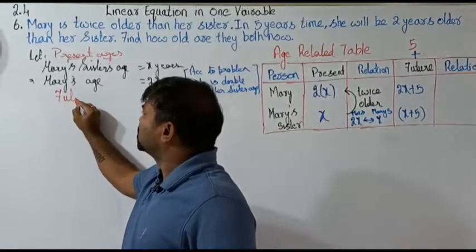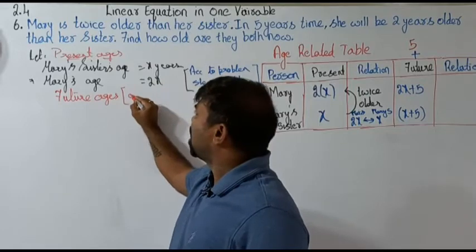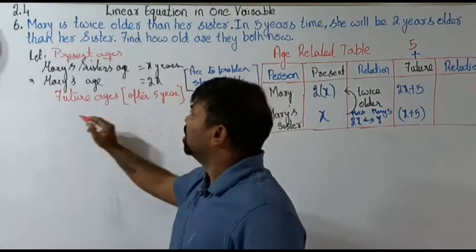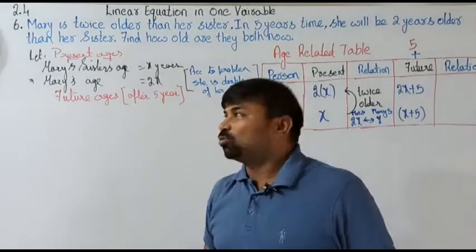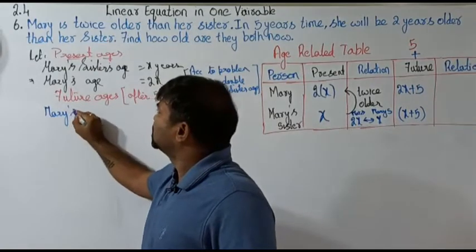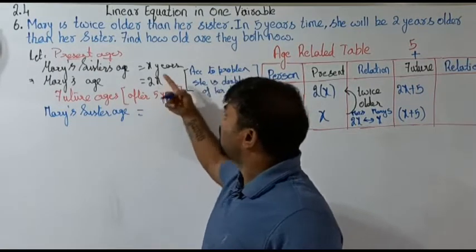Future ages. Future ages are after 5 years. Now according to the question, what is Mary's sister's age after 5 years?